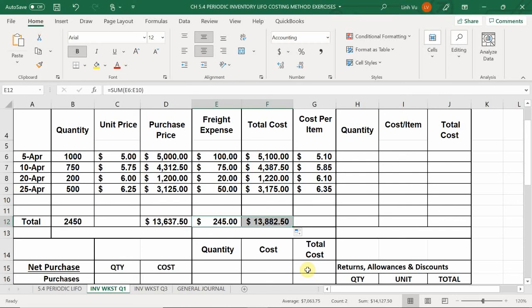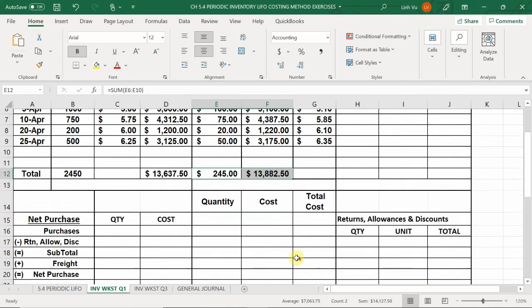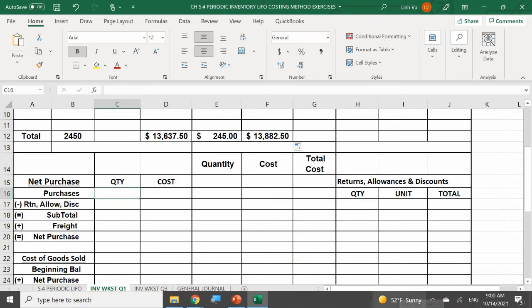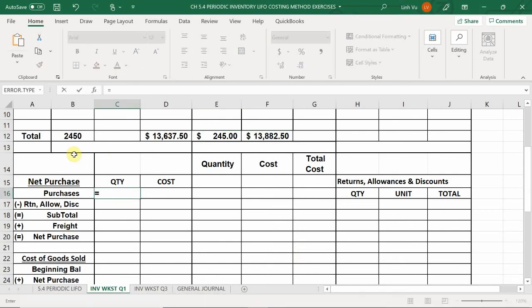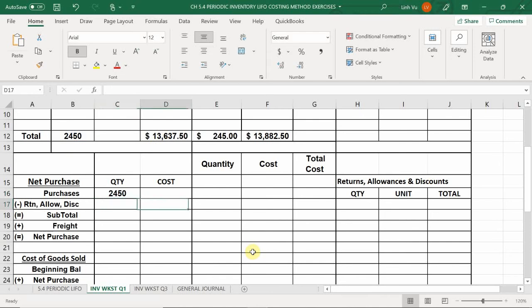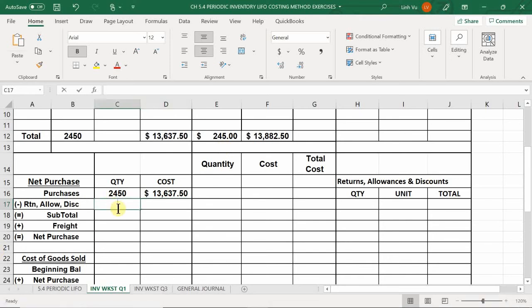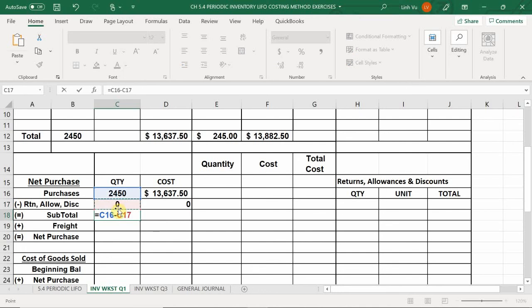Now let's plug these numbers in to solve for my net purchases. Once again, I purchased a total quantity of 2,450 at a total purchase price of 13,637.50. We don't have any returns or allowances, so my subtotal should remain the same.